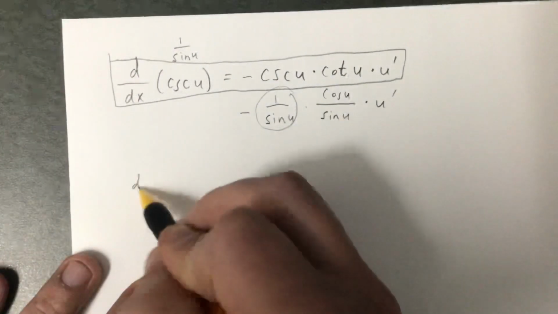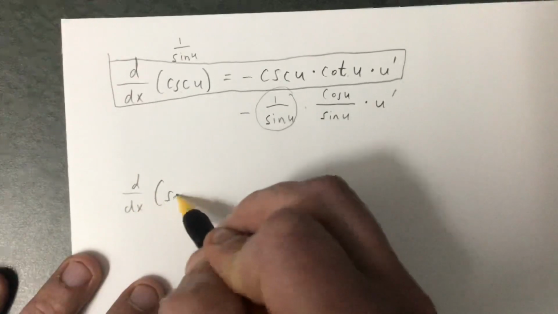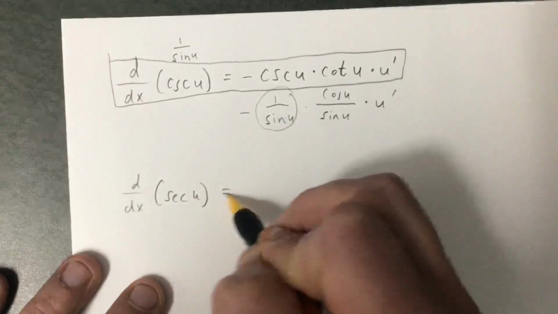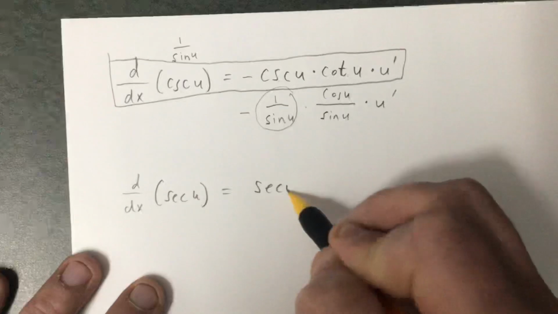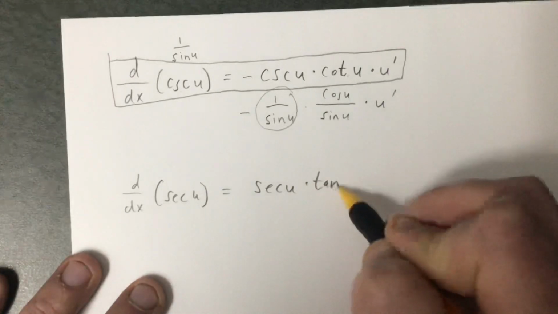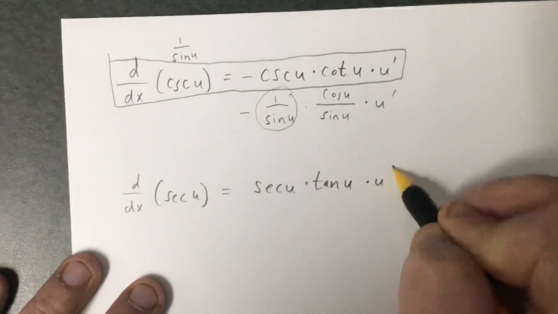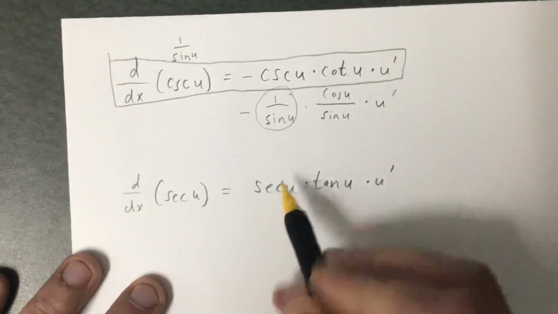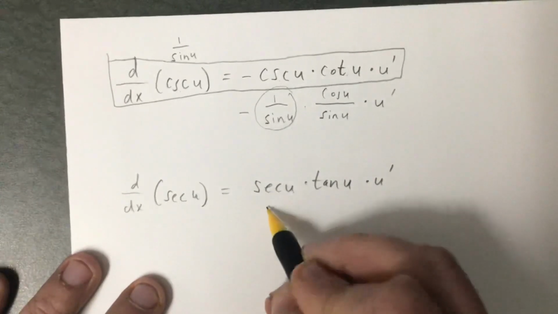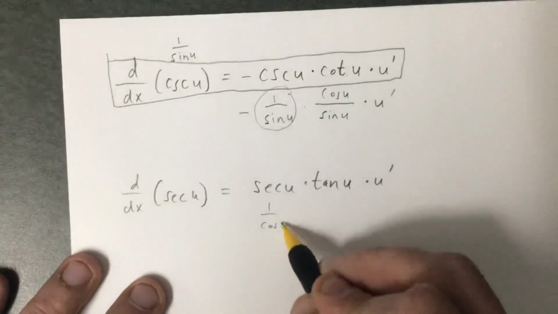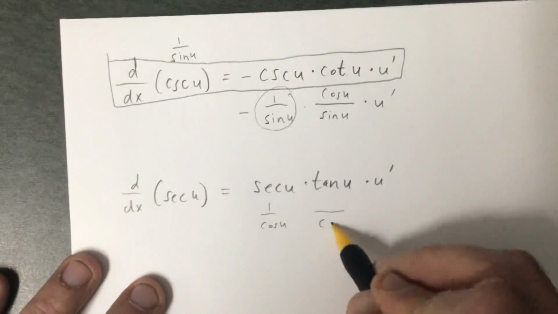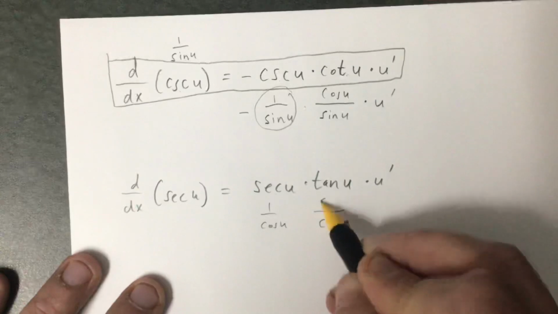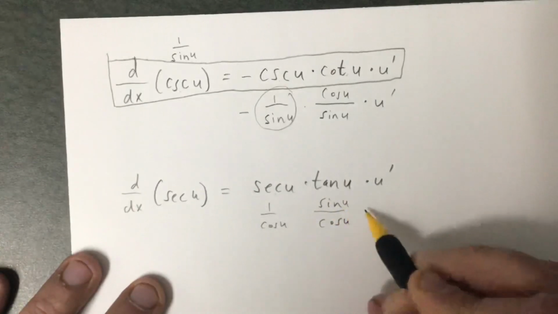All right, and then the derivative of secant is going to be secant u times tangent u times u prime. And again, I know the secant's here, the secant's here, and I know it's secant because this is 1 over cosine, and I know it's tangent because I know the cosine is going to be on the bottom for this one.